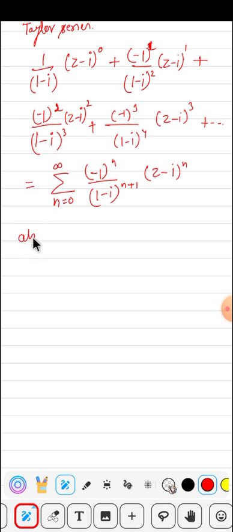Also mod of z minus iota, we have been given z equals iota, so iota minus iota is less than root 2.